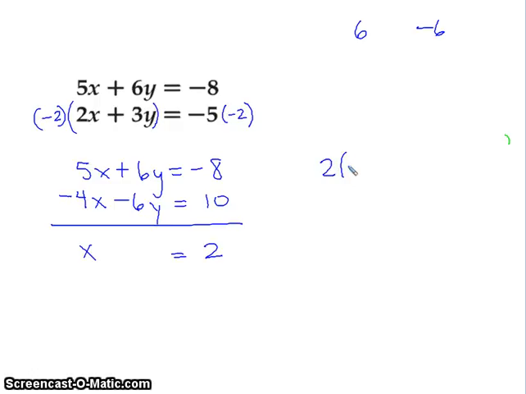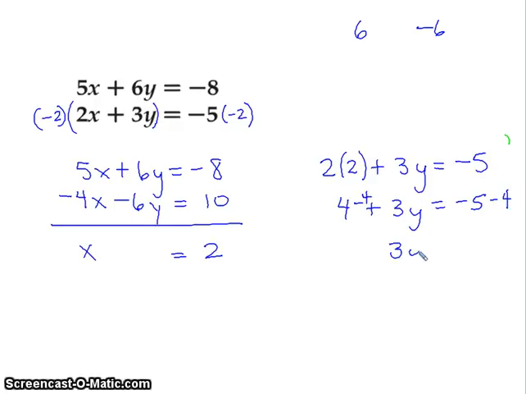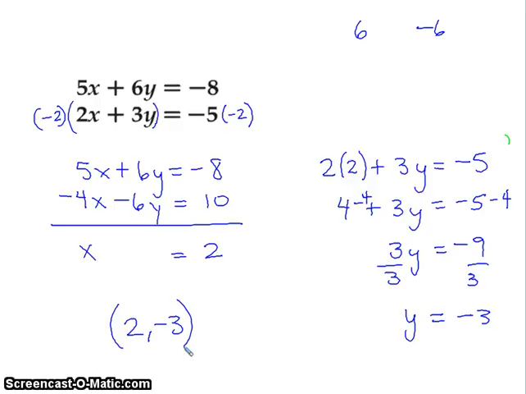So we have 2 times 2 plus 3y is equal to -5. So we have 4 plus 3y is equal to -5. We're going to use our subtraction property of equality. So we have 3y is equal to -9, and divide both sides by 3, and y is equal to -3. So our solution, or the point of intersection where the two lines intersect, is (2, -3).